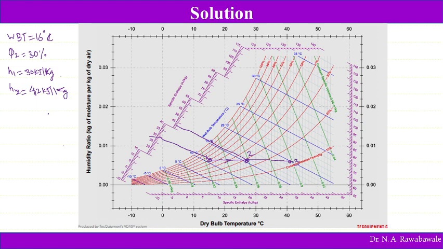So the amount of heat added can be H2 minus H1, that is 42 minus 30, that is 12 kilojoules per kg of air. So Q, the amount of heat added, is 12 kilojoules per kg of air.